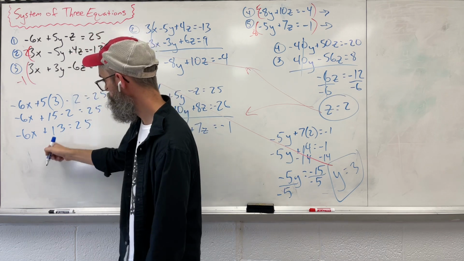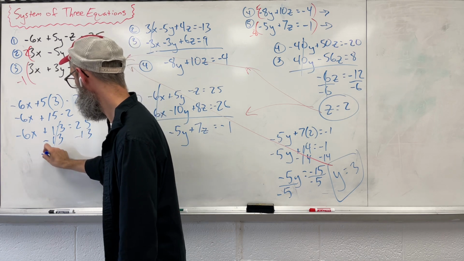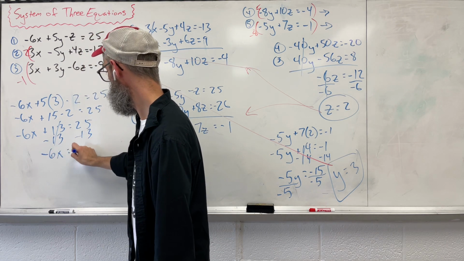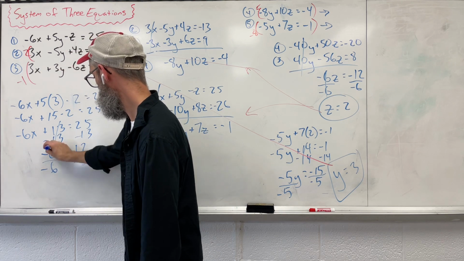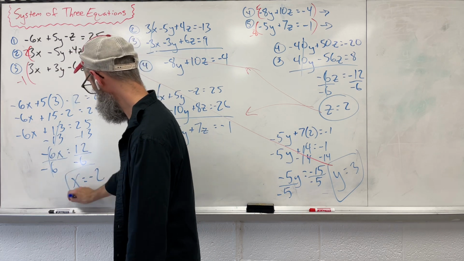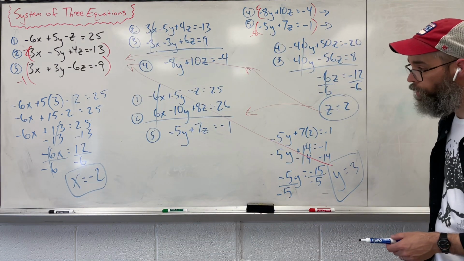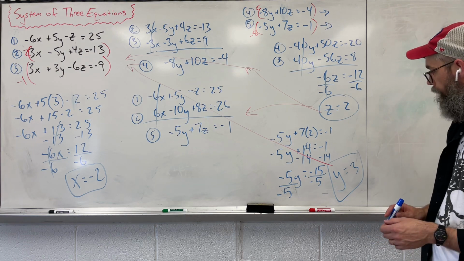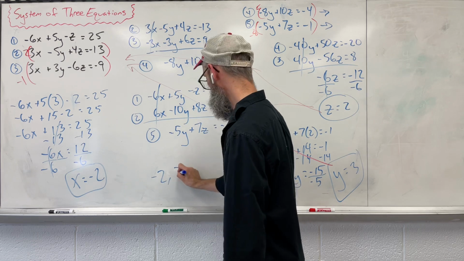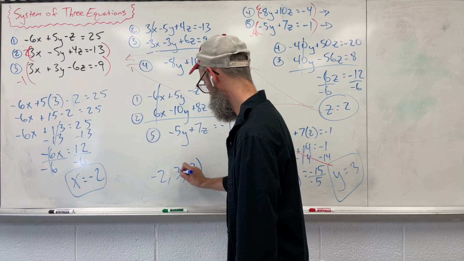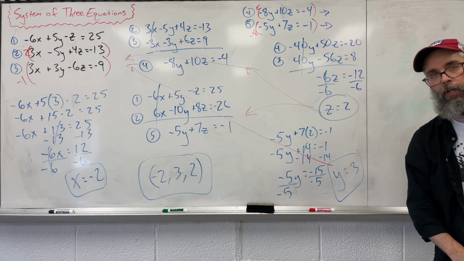All right, inverse operations, move the 13, then move the 6. So moving the 13, subtract, divide, x equals negative 2. Hooray. My final answer is going to be a coordinate, x comma y comma z, negative 2, 3, 2. And that's solving a system of 3 equations with 3 variables.